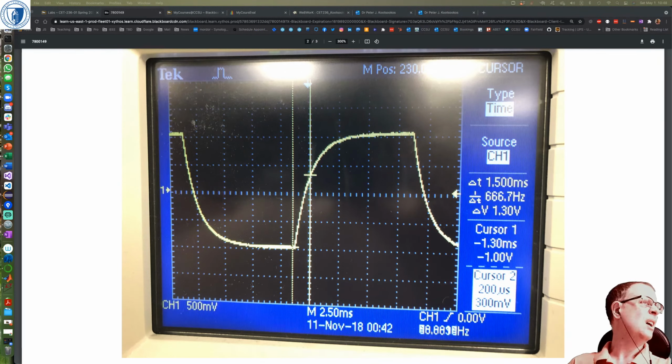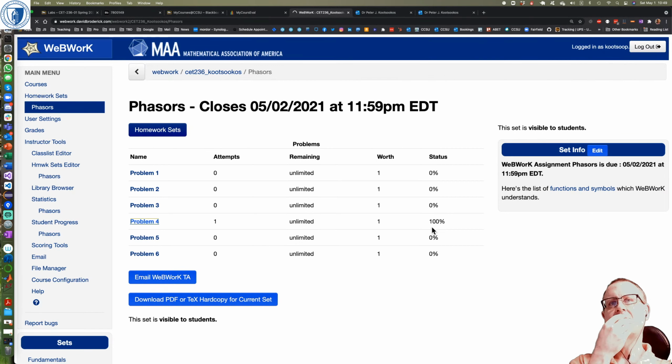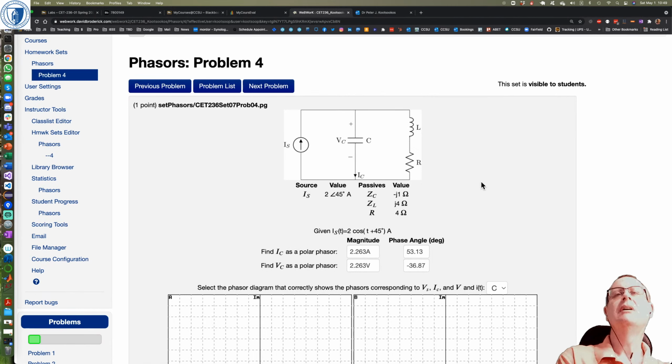Let's try again. So question 4 of phasors. Looks like it's the one that I have done. There we go. So what's this one about? Okay, so we've got a current source, and we've got a capacitor in one branch, and we've got a resistor and an inductor in the other branch.